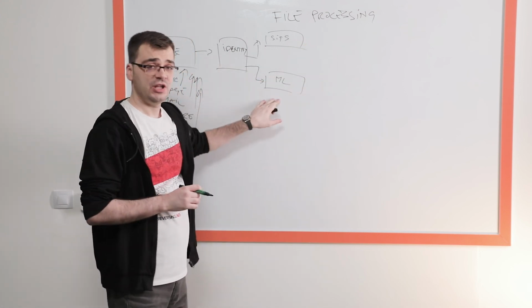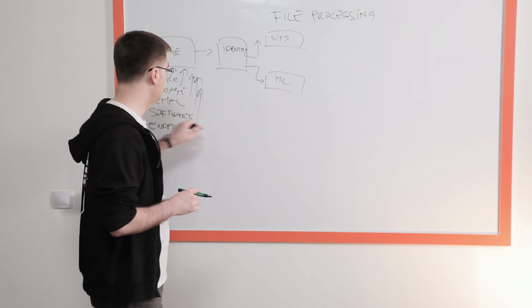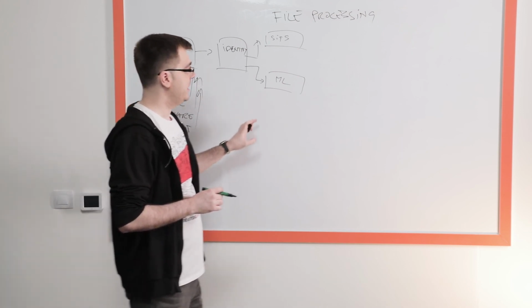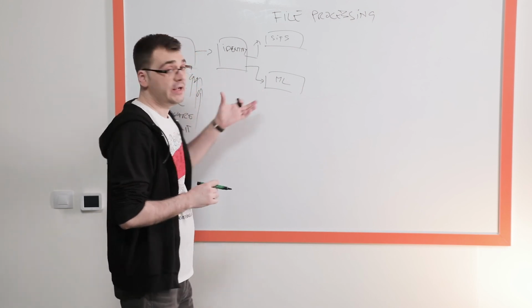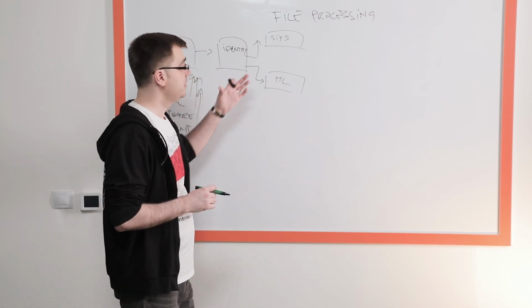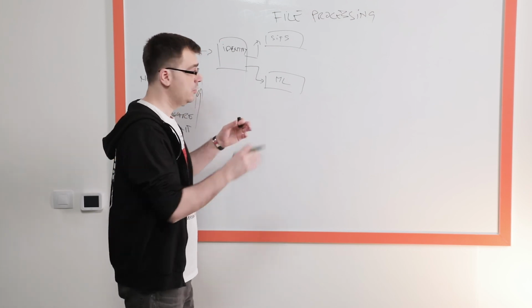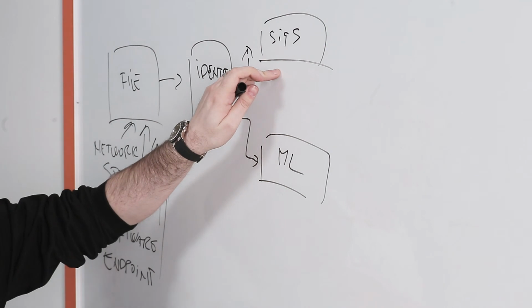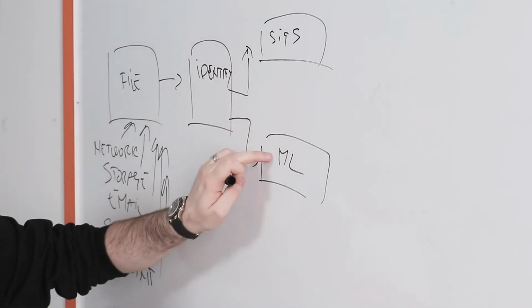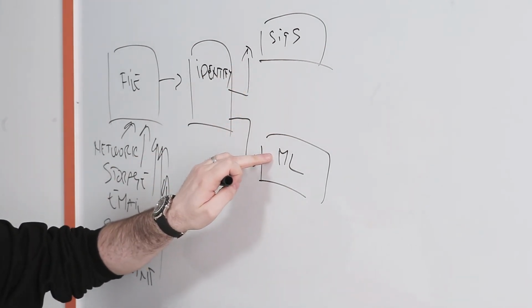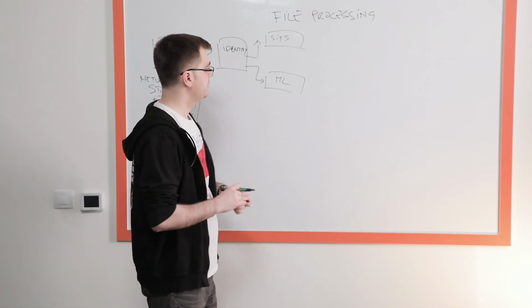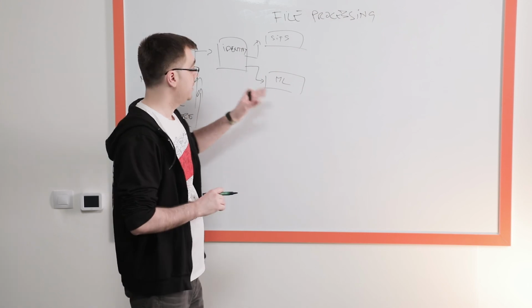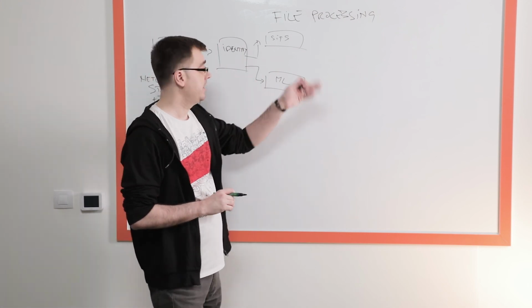Additionally, there are things which can't be identified with signatures, and in the context of deploying and creating software, that's easy to understand. Programmers write code, and that code is usually in a textual file. There are many different ways to write that code, which is why creating a signature is really hard. So instead, we create machine learning models which discern regular text, like descriptions and readmes, from programming languages like Perl, PHP, Python and so on.